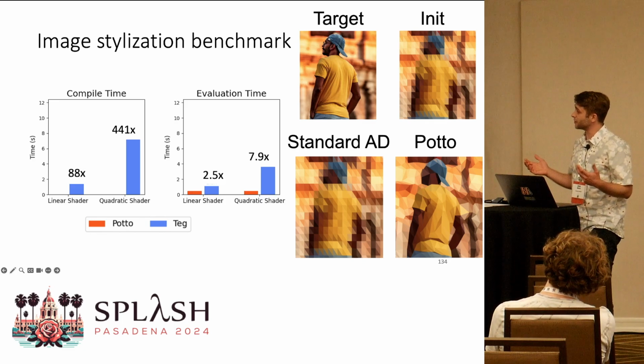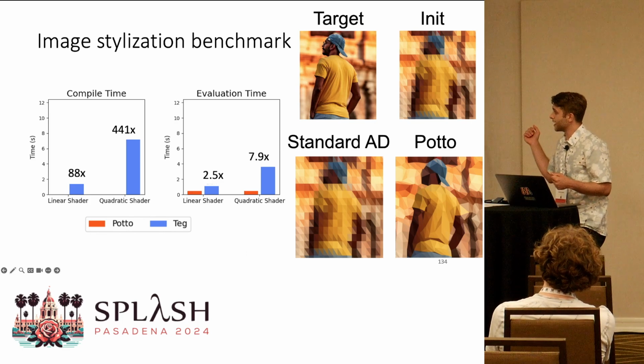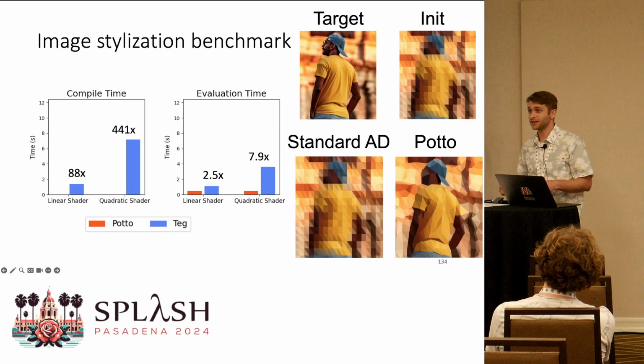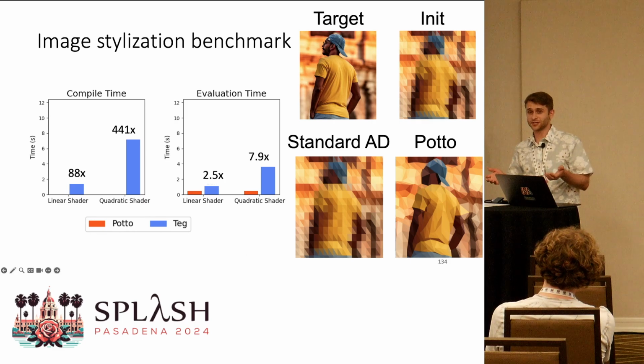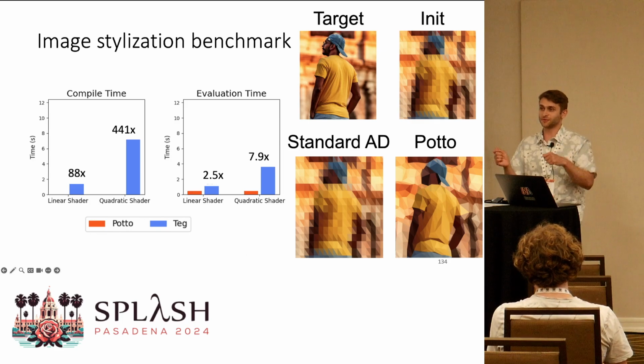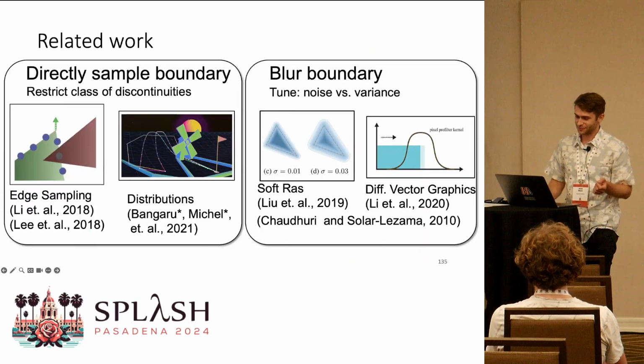And the main takeaway is compared to our previous work, TEG, the compile time is much faster on this benchmark. And the evaluation time is faster as well. And the reason is separate compilation, right? So separate compilation meant that we're not doing these global program transformations. So our ASTs are nice and small, and that's good.